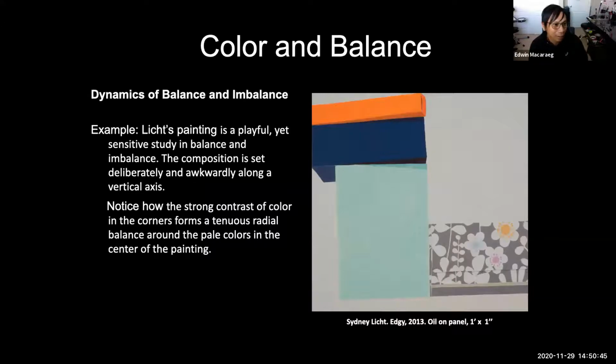Okay. And here is an example of balance and imbalance. You can say that the upper left corner is very heavy in terms of the weight, the amount of attention.